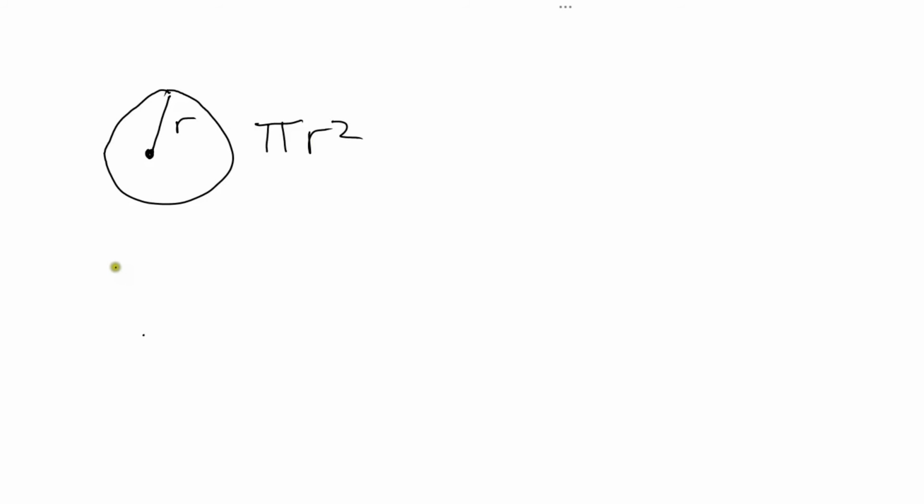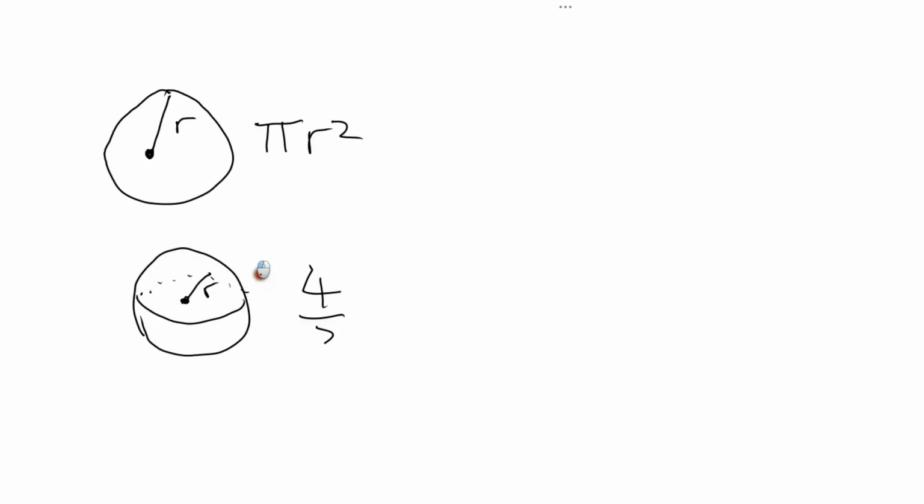In three-dimensional space, the number of points within a distance r of a given point grows like r cubed, because the volume of a sphere is given by 4/3 pi r cubed. And in general, in d-dimensional space, the number of points within r of a given point is going to be proportional to r to the power of d.